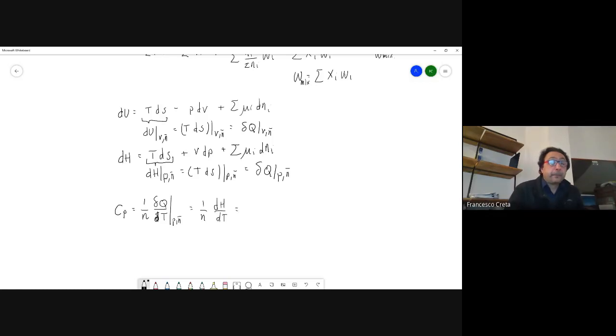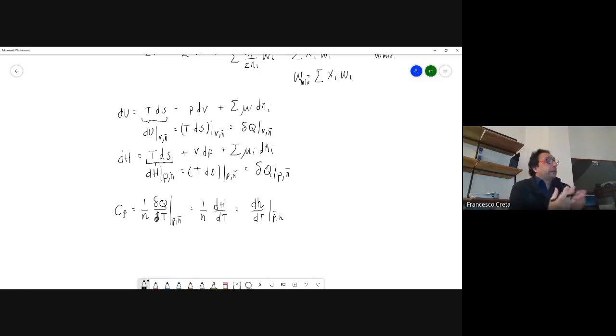And if we incorporate this n here, we have the specific, in this case molar, enthalpy by dT, still at constant P and N. So this is essentially the variation of the specific enthalpy for the unit variation of temperature.